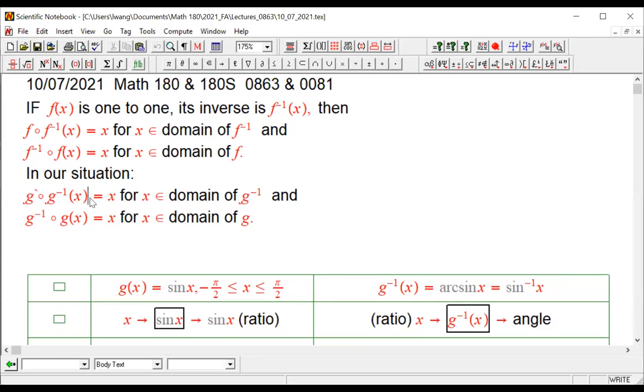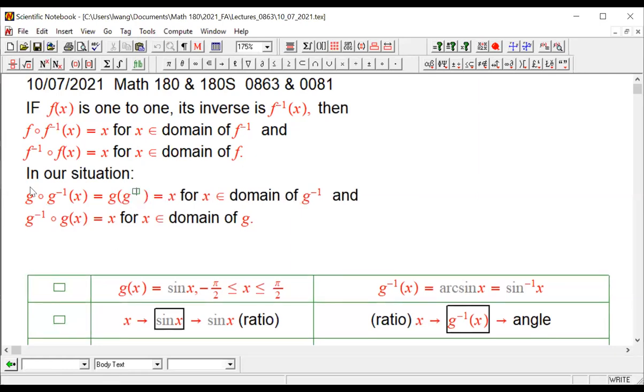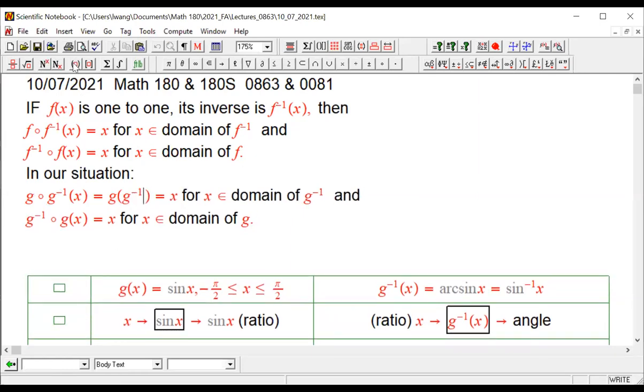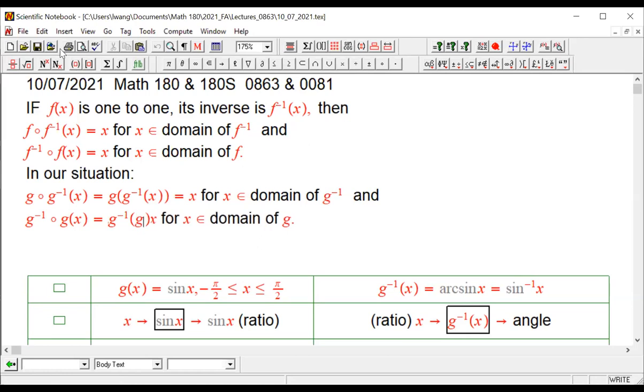So let's write this in a little bit more detail. G inverse of x, we talked about what it means, and that's going to be true. And this would be G of G inverse of x. That's true.